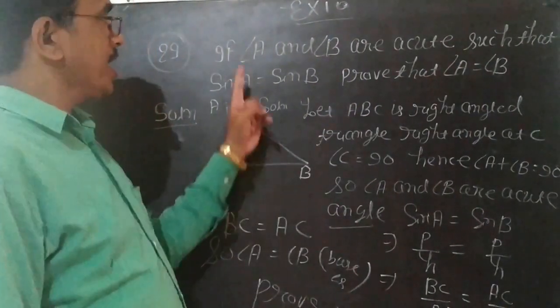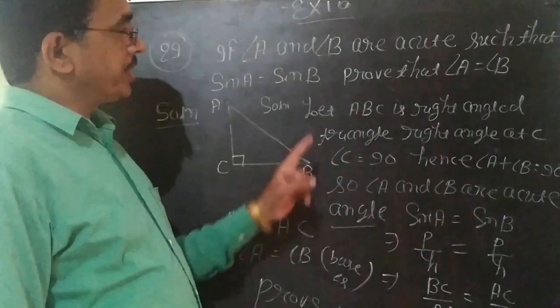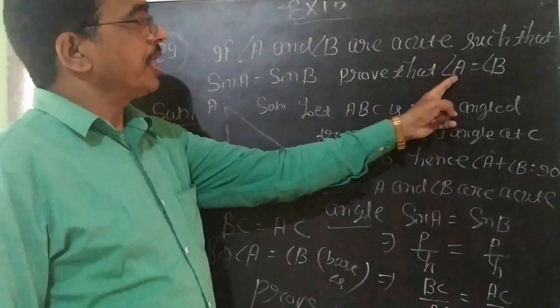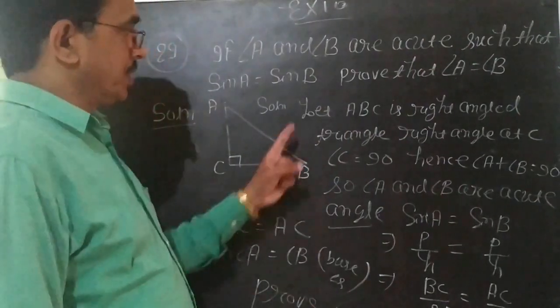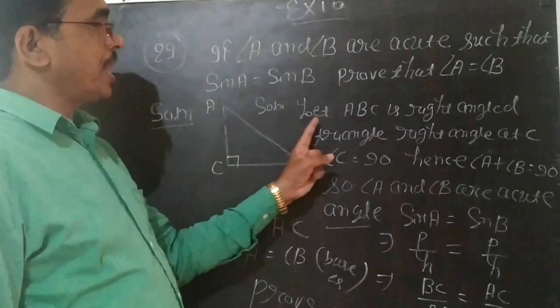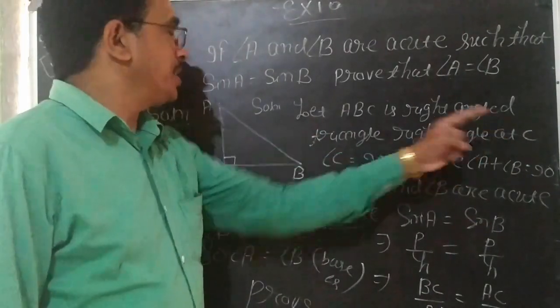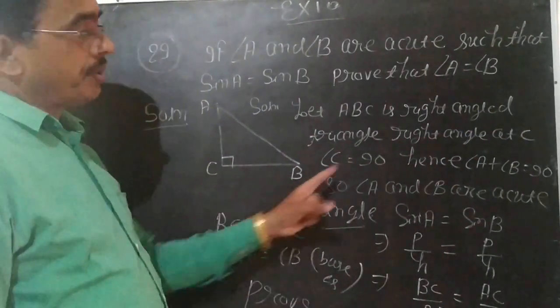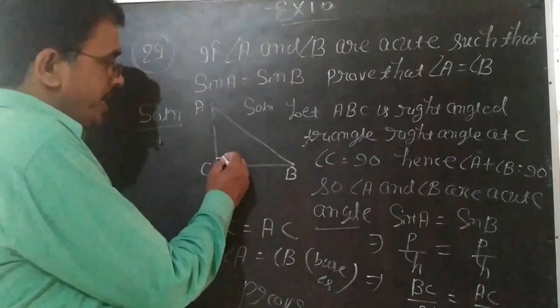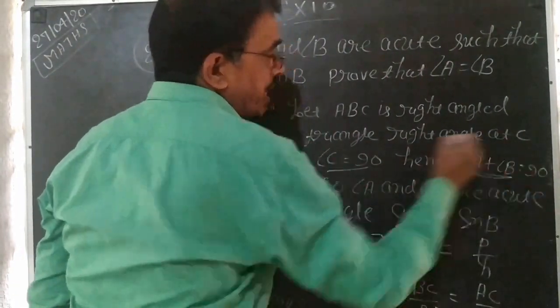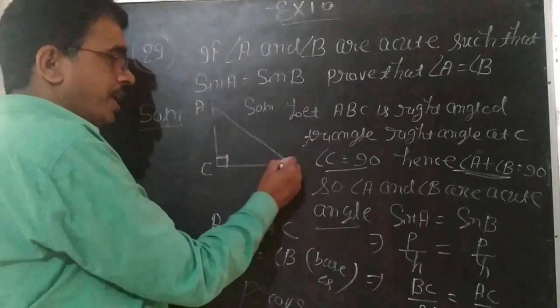The question is that A and B are acute angles. Then prove sin A is equal to sin B given, then it is clear that angle A and angle B are equal. So first we suppose, solution, let ABC be a right angle triangle, right angle at C. What is the benefit of this? When we suppose right angle at C, then it is clear angle A plus B is 90, because sum of 3 angles is 180.